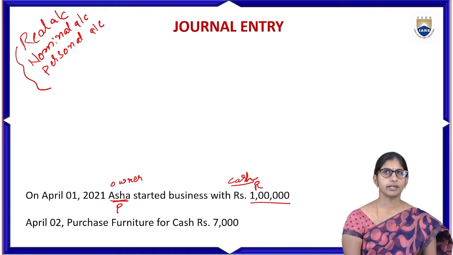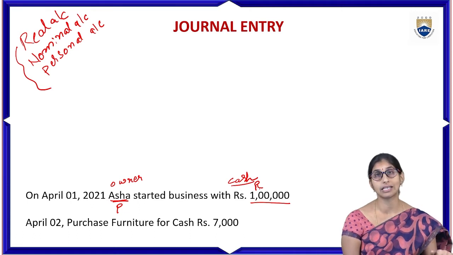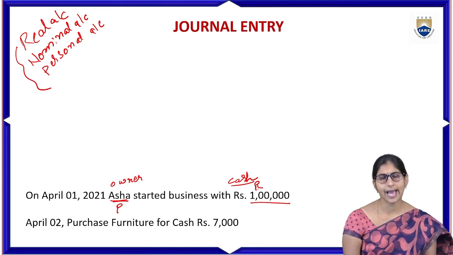So according to the rule of real account, what is the rule of real account? Debit what comes in, credit what goes out. So this cash is coming in or going out? Cash is coming into the business.